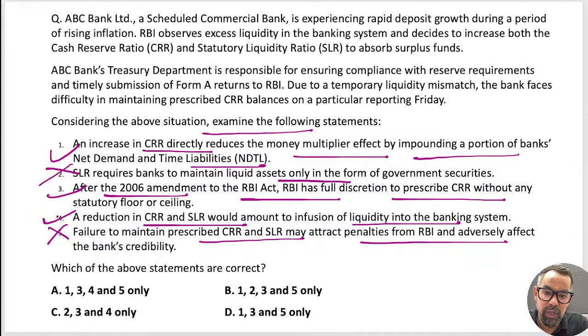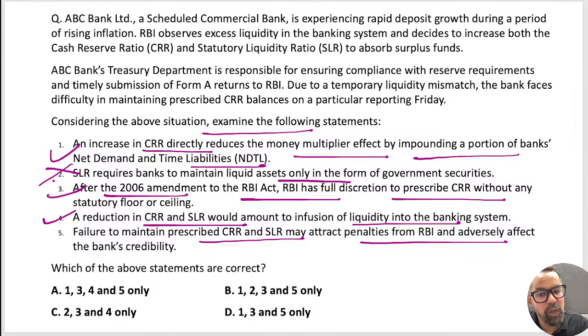So 134. 134 means we are doing something wrong. Failure to maintain the prescribed CRR attracts penalties from RBI. Sorry, 5 is also correct, right? So it attracts the penalties.